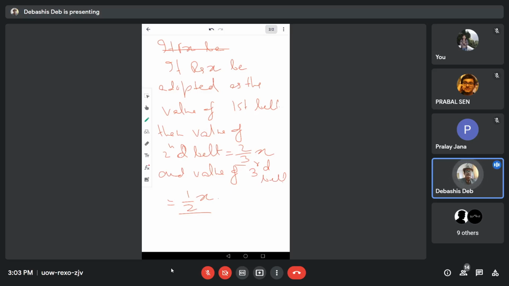If I consider and mention in the valuation report that I have considered half of the first belt as the rate of the second belt, I am also right. So here we have considered if the first belt is x, second belt two-thirds x, third belt x by 2.